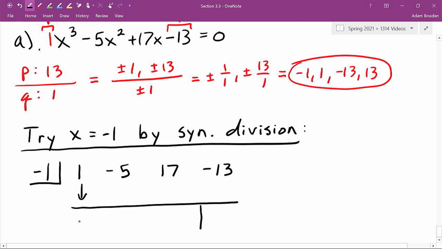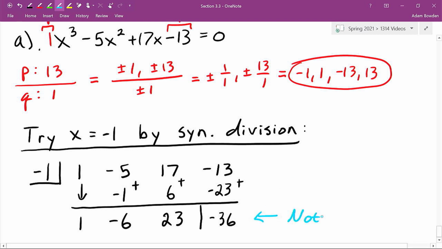Going through synthetic division, we'll get negative 1 plus negative 5, so negative 6. Then we'll get a positive 6 plus 17 is 23. Then we multiply, we get a negative 23 and add, but that last number is negative 36. So our remainder is not 0.